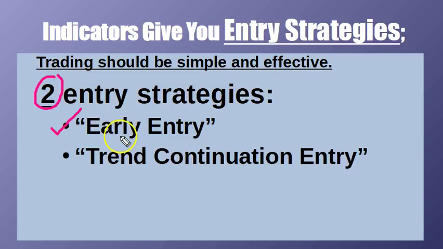First we have what's called the early entry, and that's when a trend generally starts early in its cycle. We're not necessarily wanting to get in at the beginning of a new trend, but early enough to gain as many pips as we can. Okay, so that's what I mean by early entry.